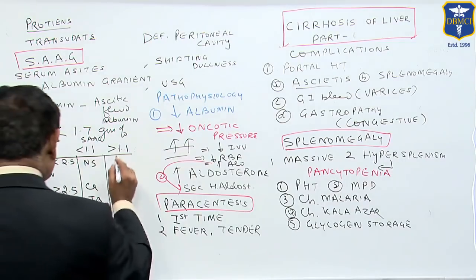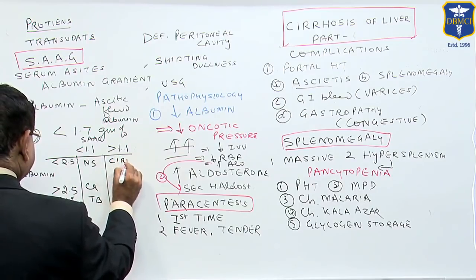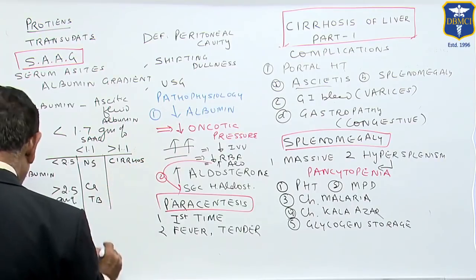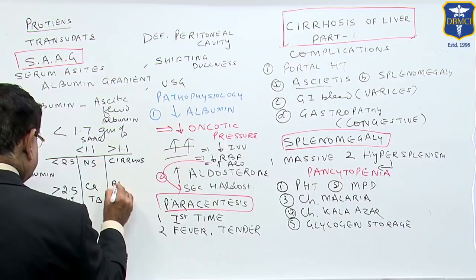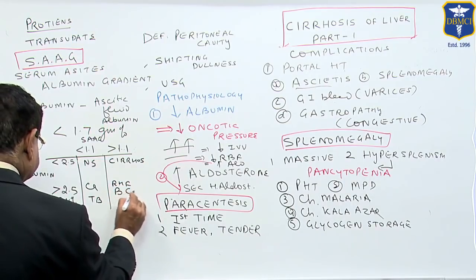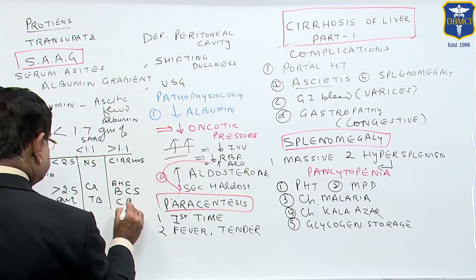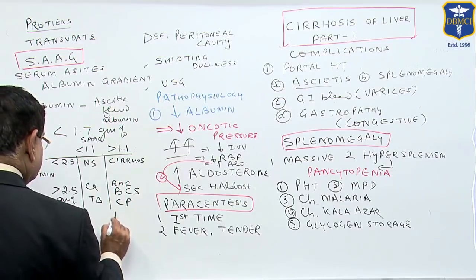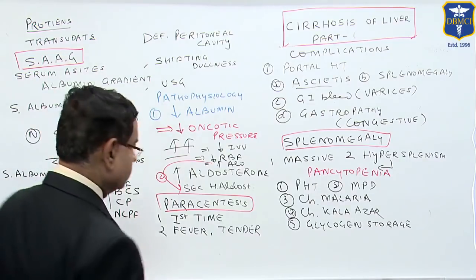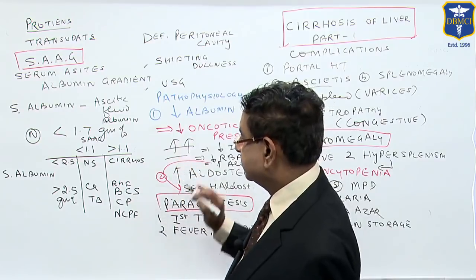But if it is more than 1.1, this is cirrhosis of liver, and in exudate it is right heart failure, Budd-Chiari syndrome, constrictive pericarditis, non-cirrhotic portal fibrosis. This is a very, very important chart to be remembered regarding SAAG.